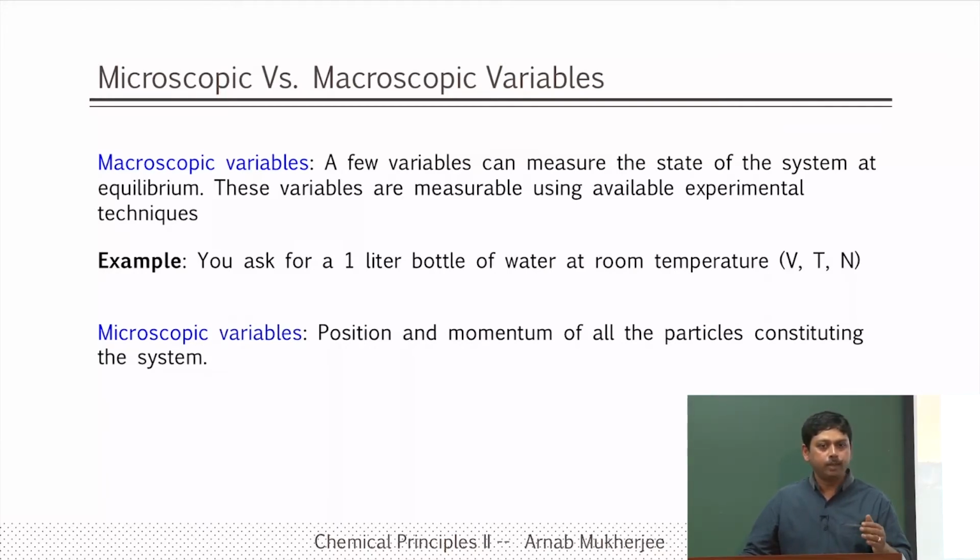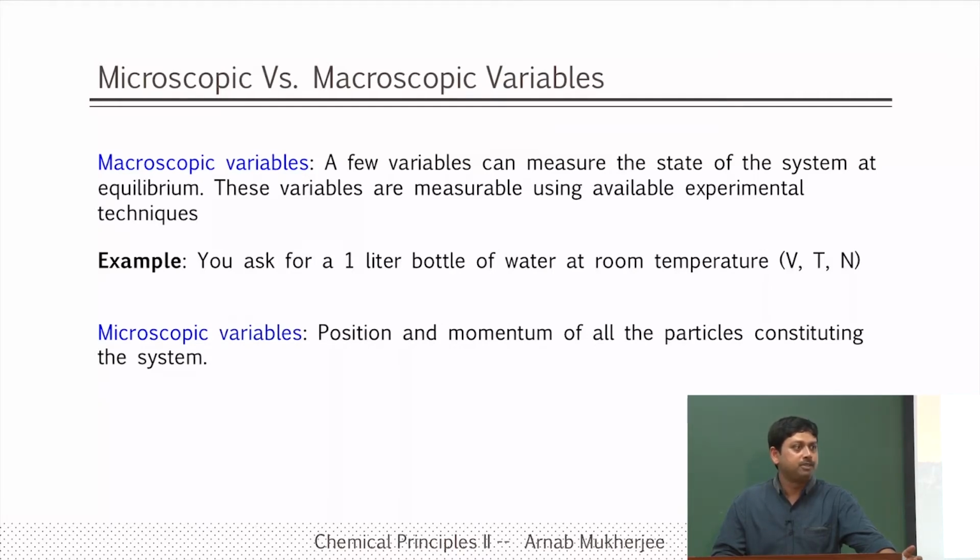So let us say I talk about 1 liter of water. 1 liter of water at room temperature and pressure typically has 55.5 moles of water, right, and we know that 1 mole contains 6.023 times 10 to the power 23 molecules, and then in water you have 3 atoms, and then we have to specify positions x, y, z and momenta p_x, p_y, p_z.